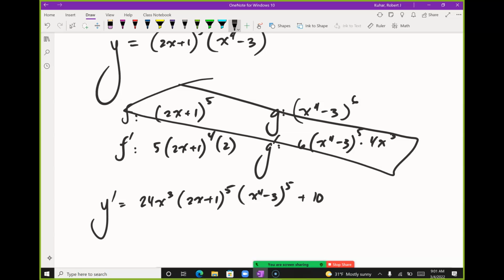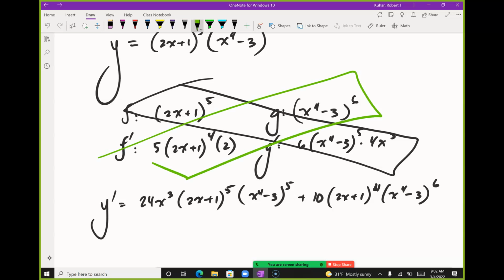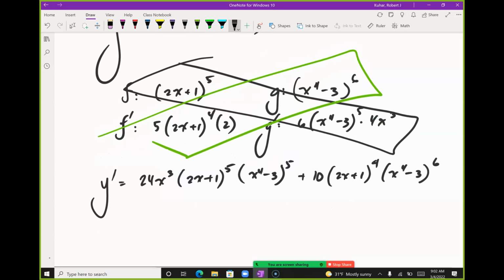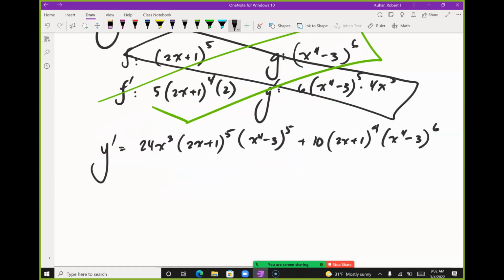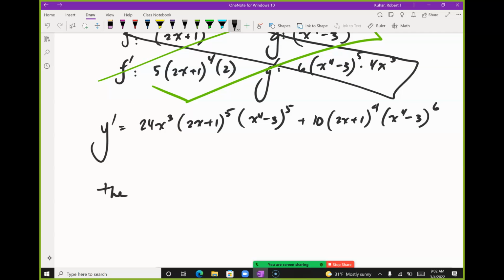Plus 10 times 2x plus 1 to the 4th times x to the 4th minus 3 to the 6th. And that is this diagonal, right? And then factor, correct? You remember doing one like this? Yeah. But I'm going to stop because I want to introduce the ln trick.